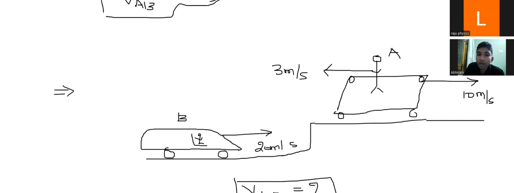The trolley was moving in one direction, but the person who was standing on the trolley was moving in the opposite direction. So what is the VAG?